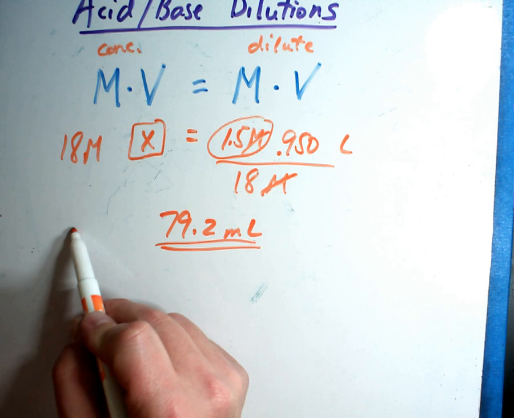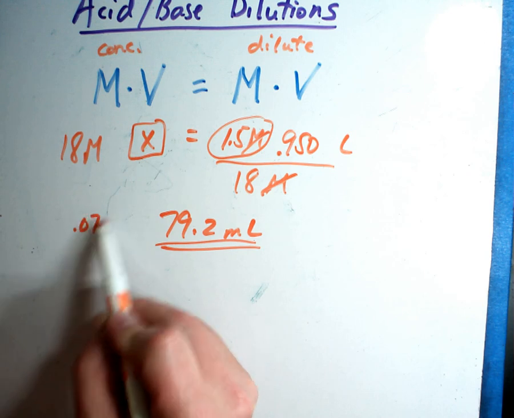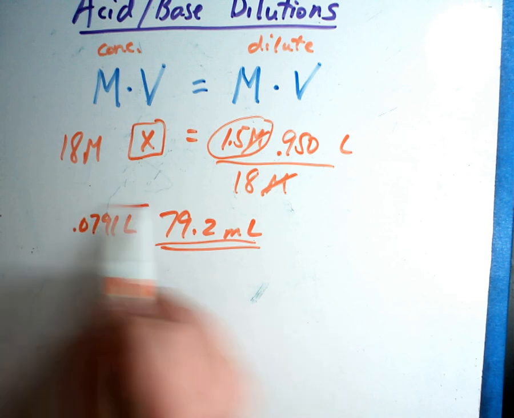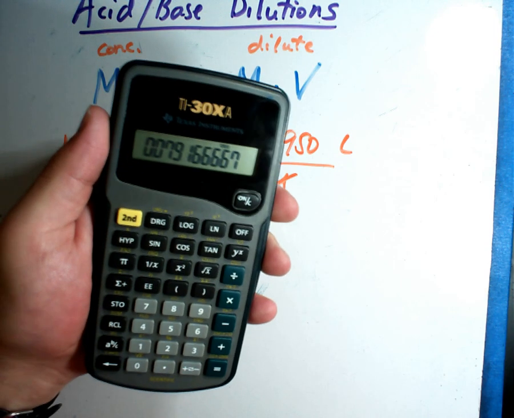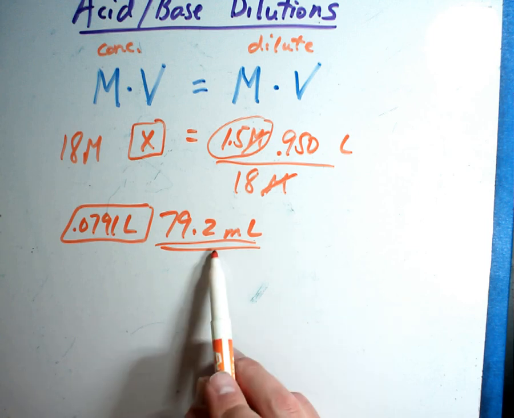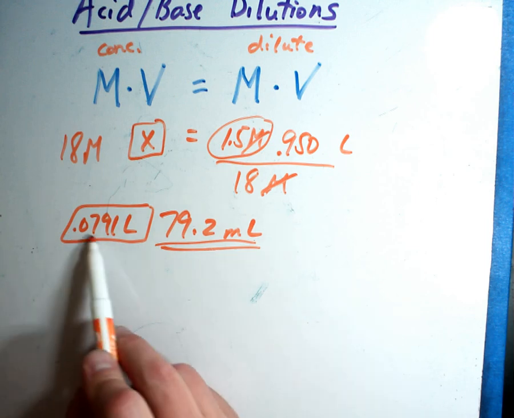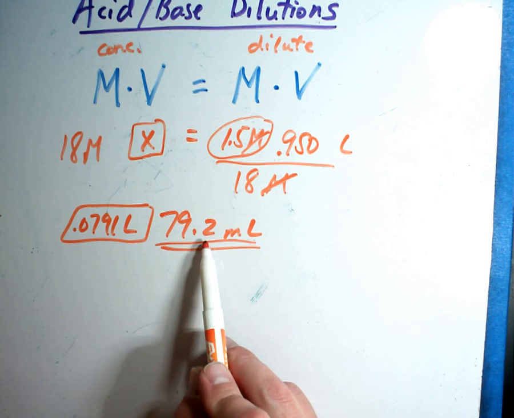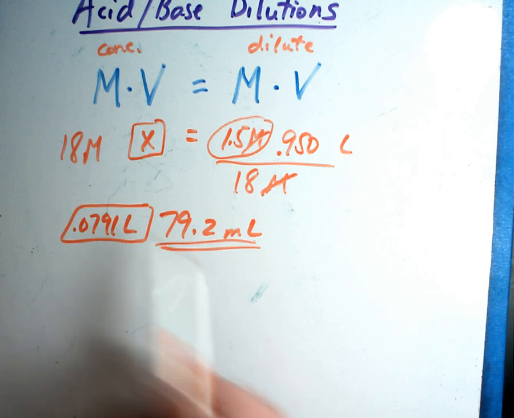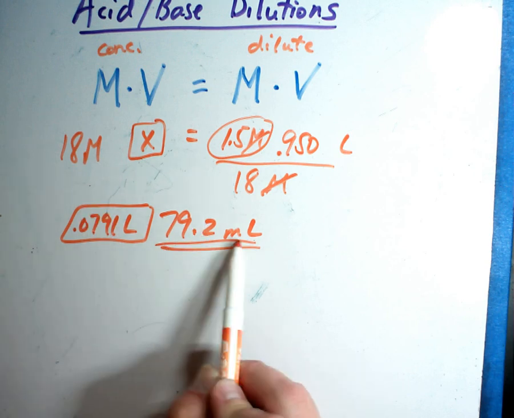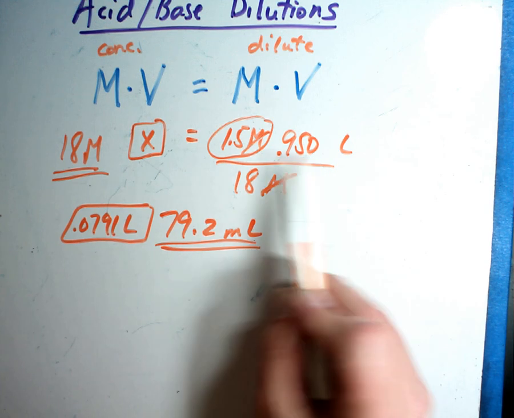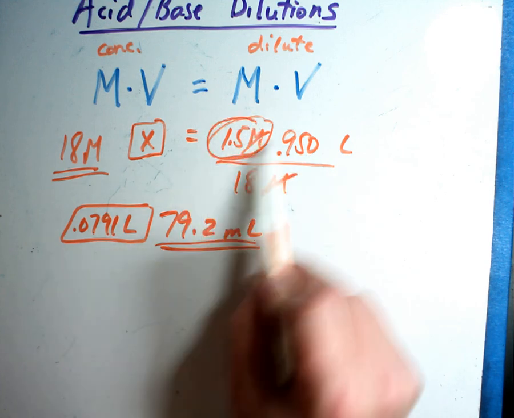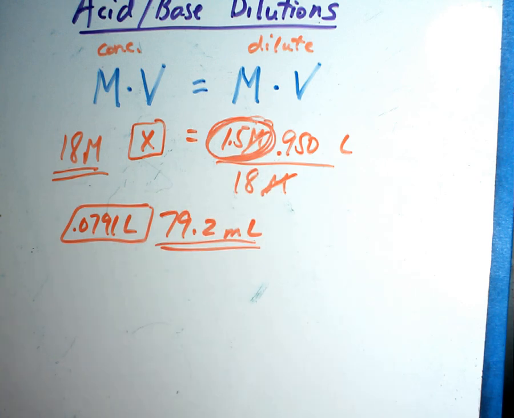You said that it had to be in liters, and that's right, to do the math. But I don't have things that measure liters very well, but a graduated cylinder uses milliliters. So I can move it 3 places to the right, and that'll give me a better number to use on my actual piece of equipment. That's what I would do. I'm going to take 79.2 milliliters of that really strong stuff, dump it into 950 milliliters, and everybody will have this concentration, and we're ready to do the lab.